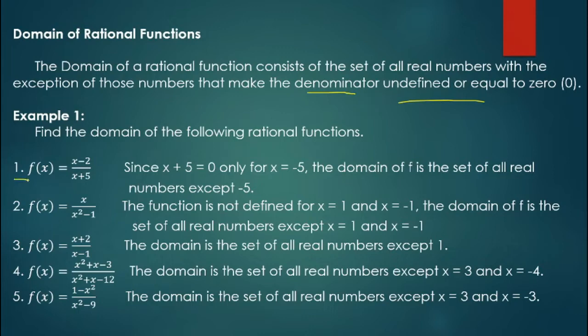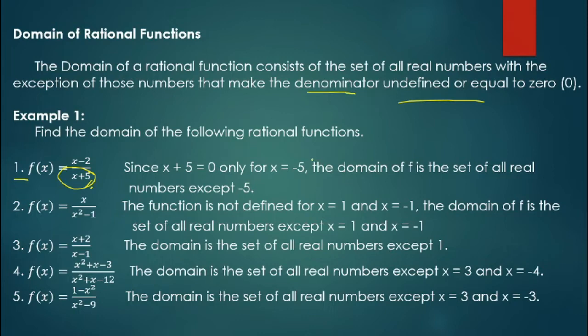So, for the number 1, we have f of x is equal to x minus 2 over x plus 5. So, ang kailangan lang po natin gawin is hindi mag-0 ang ating denominator. So, ano yung pwede mong i-substitute sa x na hindi mag-0 ang denominator? So, ito po. So, since x plus 5 is equal to 0 only for x is equal to negative 5.